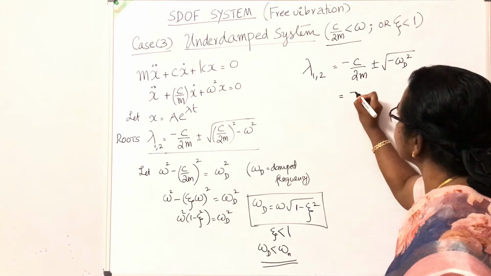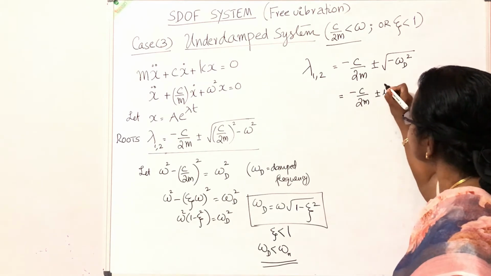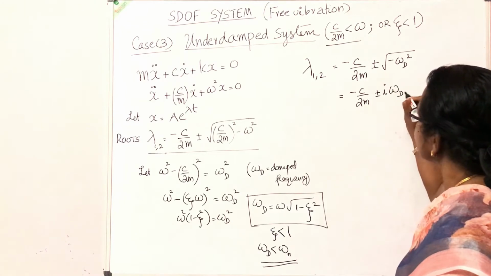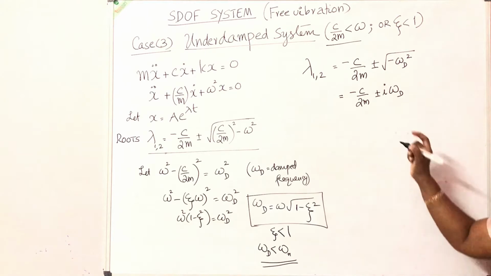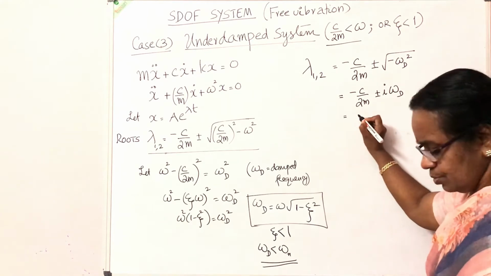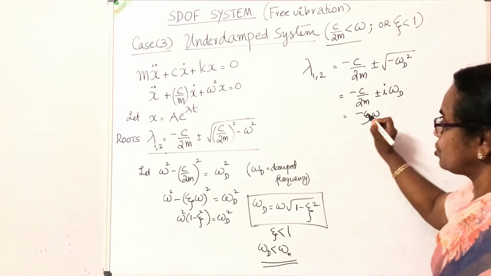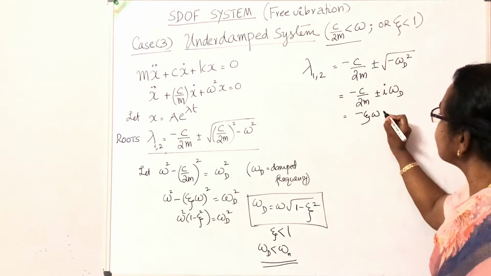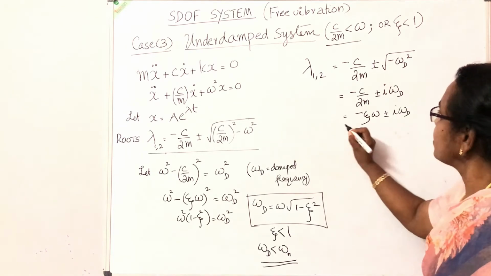So this can be written as minus c by 2m plus or minus i omega d, which is equal to minus psi omega plus or minus i omega d, since c by 2m is psi omega.